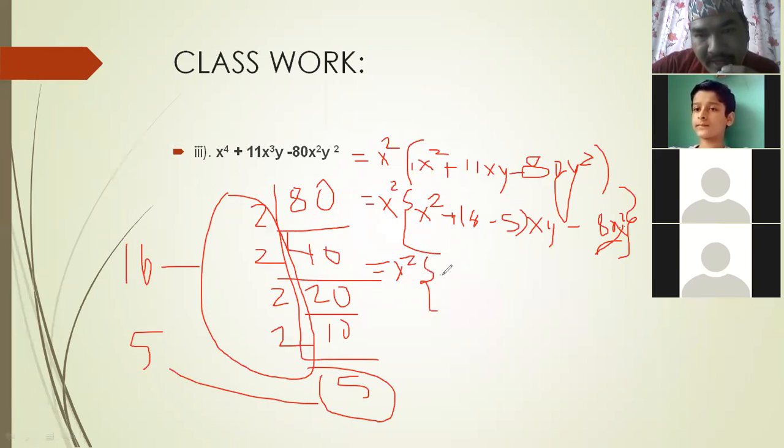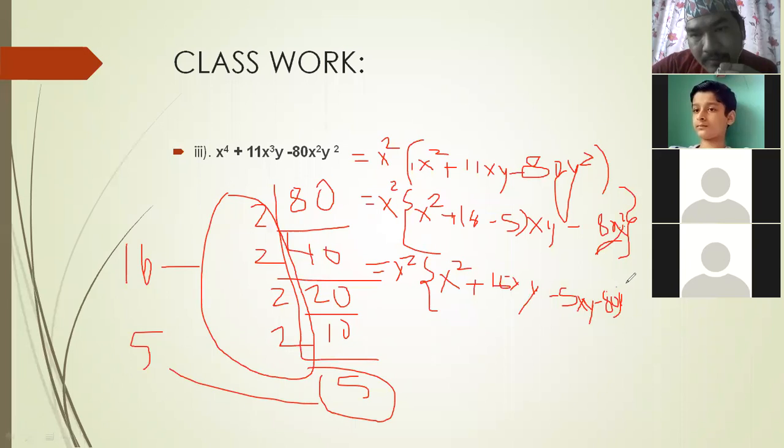If you remove the bracket, what will be there? X square plus 16xy minus 5xy, remove the bracket, and minus 80y square.